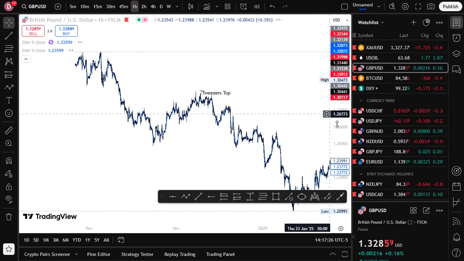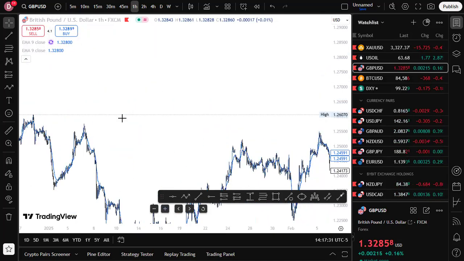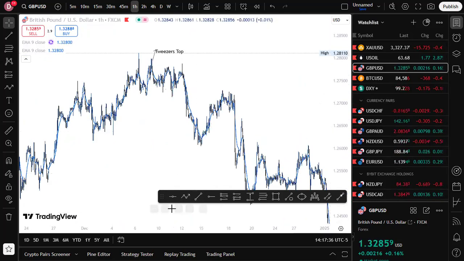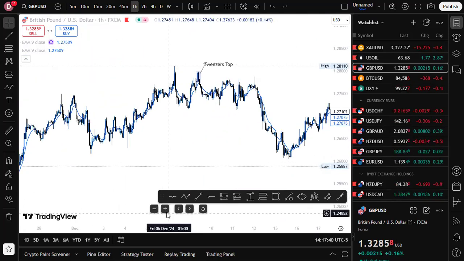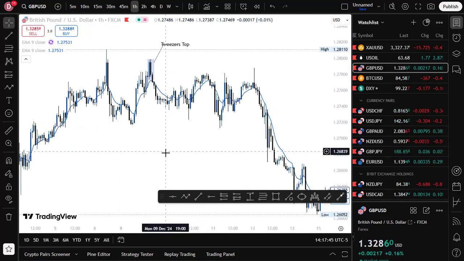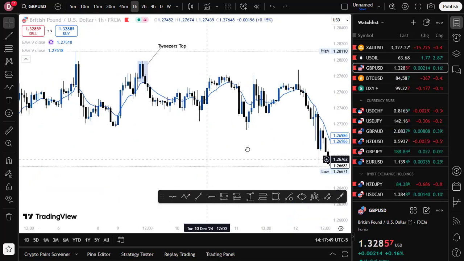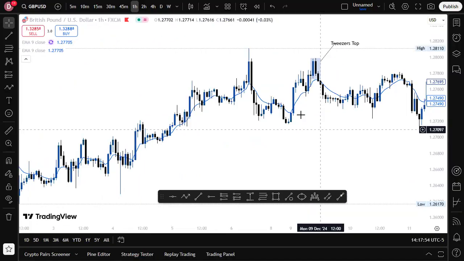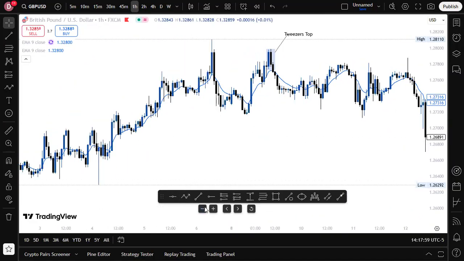Let's see an example of the tweezer top, and then we'll also see an example of the tweezer bottom. So this is an example of a tweezer top, right?